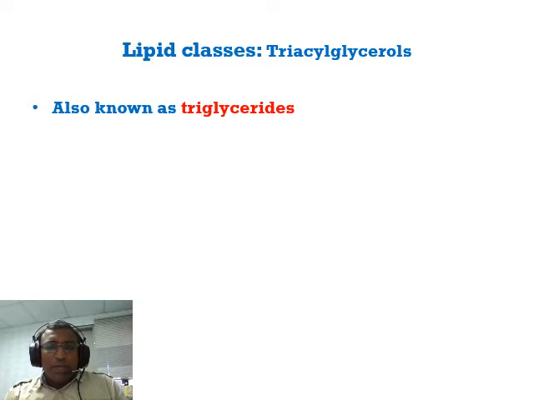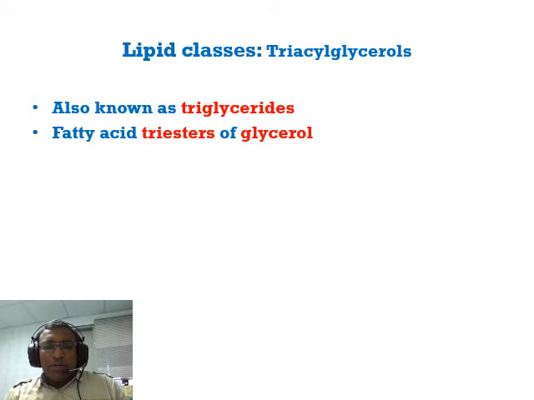So next we look at triacylglycerol. It is also known as triglyceride, with the abbreviations TAG or TG, and it is made up of ester bonds connecting the fatty acids to glycerol. Glycerol is an alcohol.